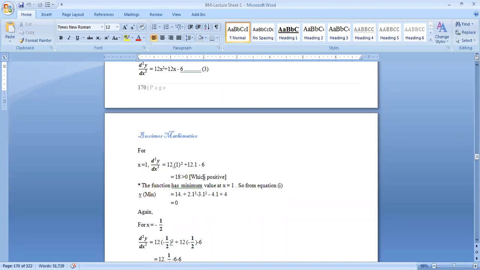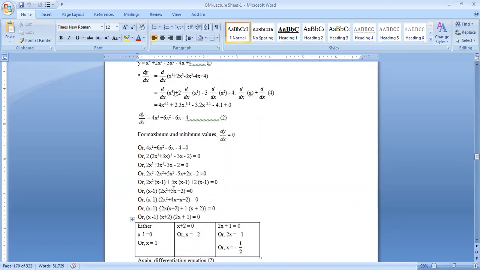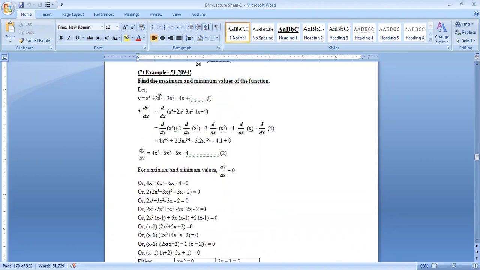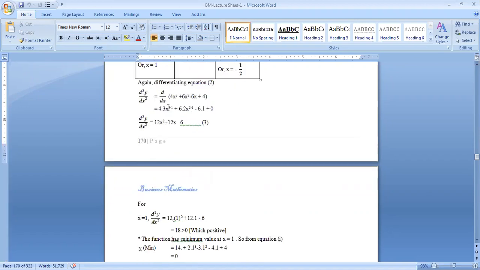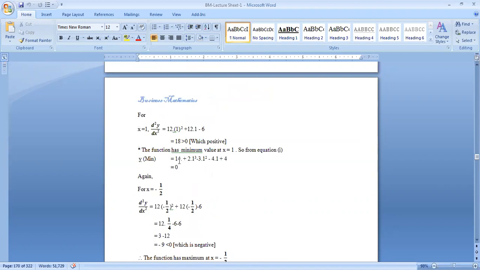Remember that if positive, then it has a minimum. Therefore the function has a minimum value at x equals 1. So from equation 1, putting x equals 1, we get the minimum value.